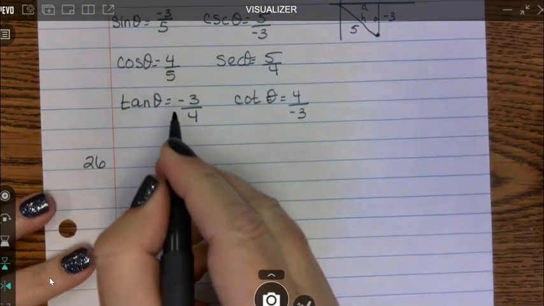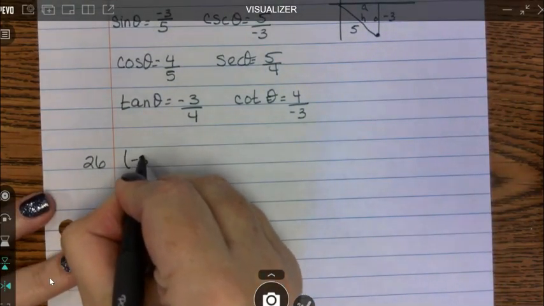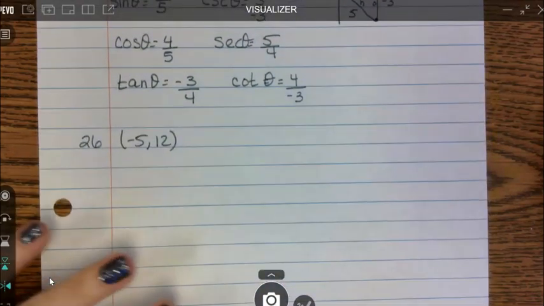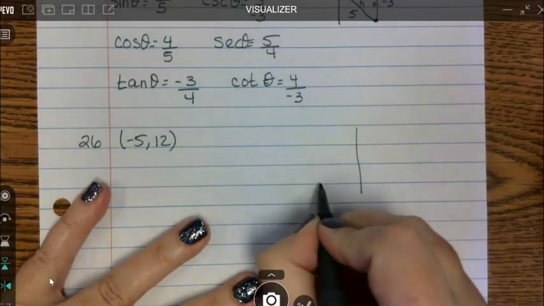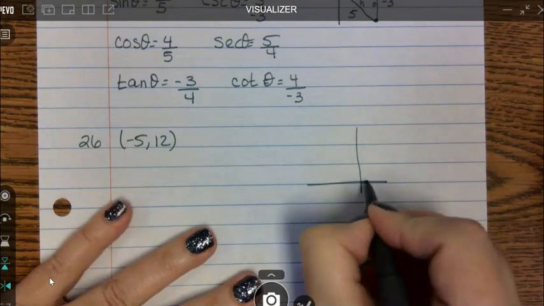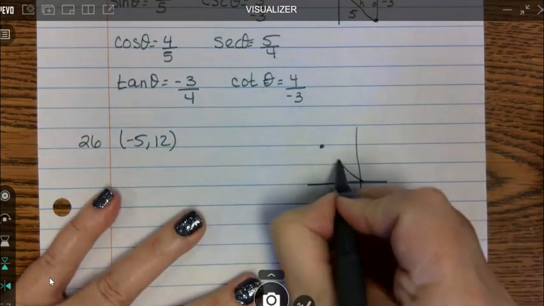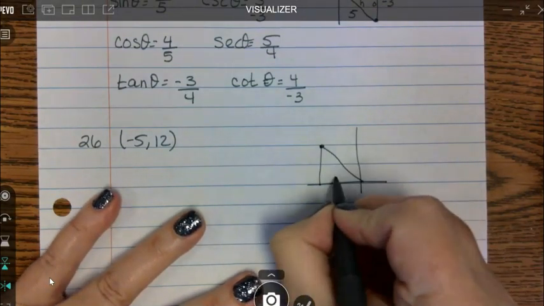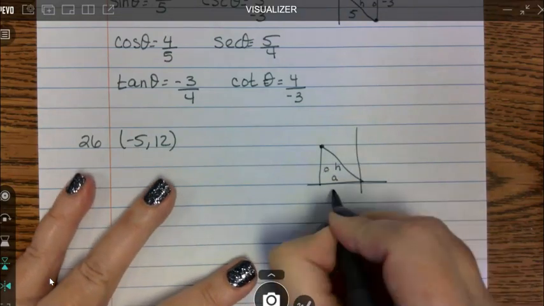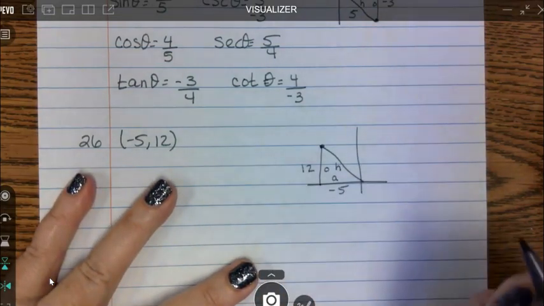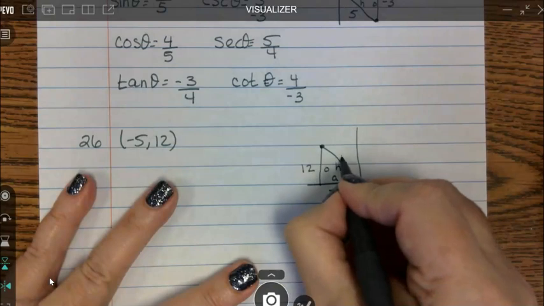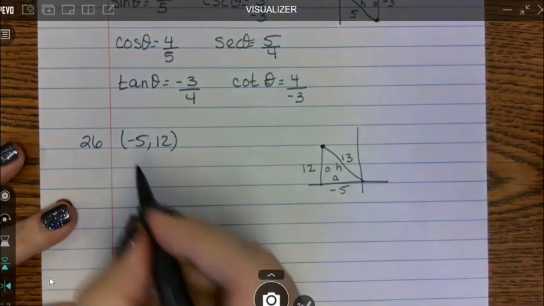26 is negative 5 over 12. Okay. So negative 5 and 12. And if you know your Pythagorean triples, this is a 13.